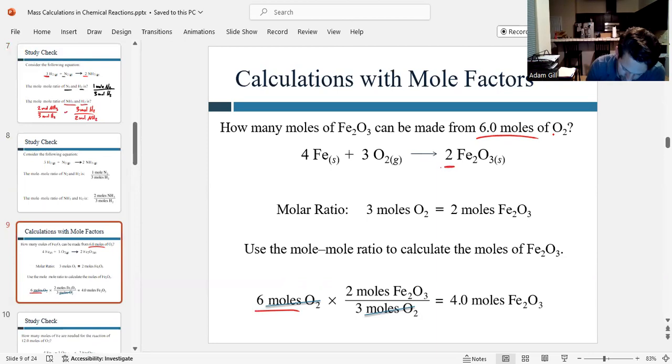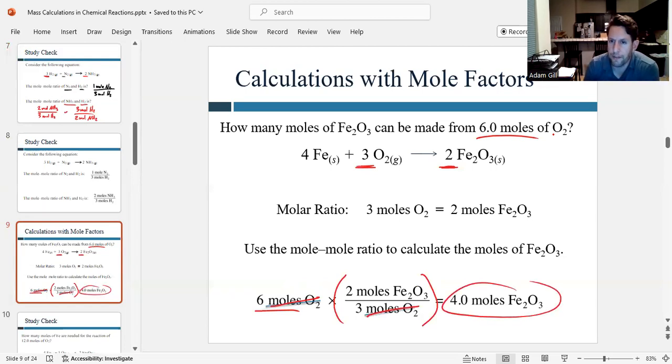So we're going to compare the ratio of Fe2O3 versus oxygen. And it's a 2:3 ratio. So we have a conversion factor here. We want moles of O2 on the bottom so that it cancels. And we want moles of Fe2O3 on top. Moles of oxygen cancels. And we end up with 4 moles of Fe2O3.